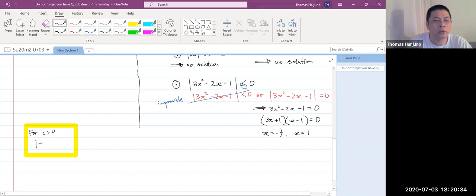How about absolute value of something greater than or equal to that positive number? For example, the easy one first: absolute value of x greater than or equal to, let's say, 2.